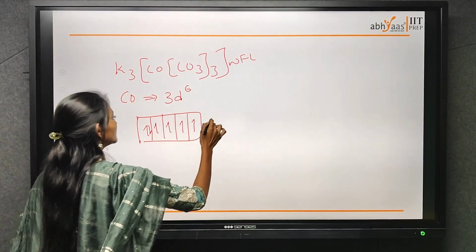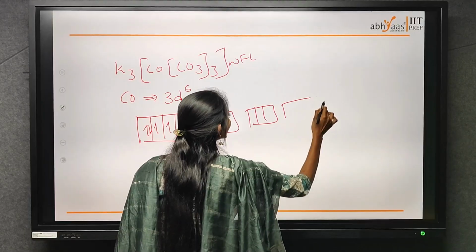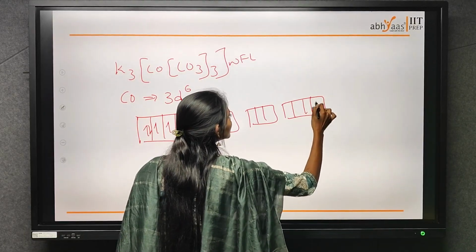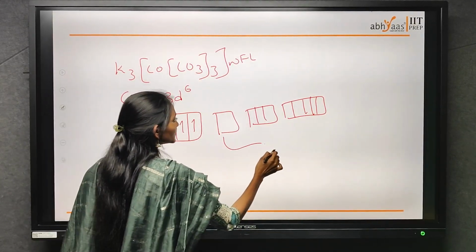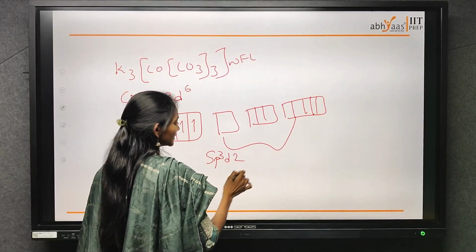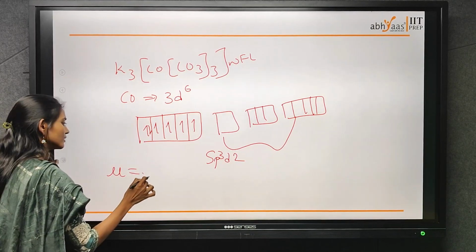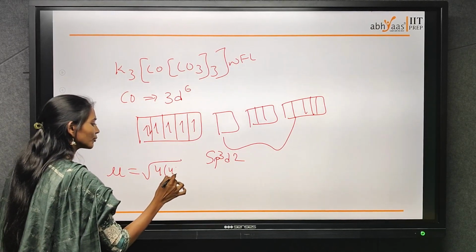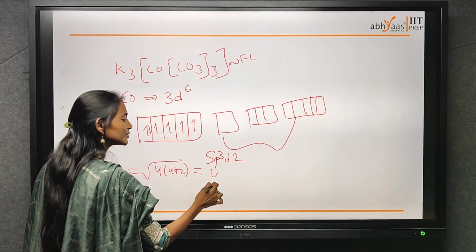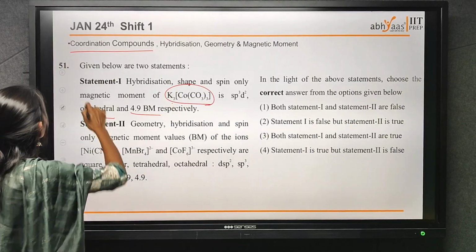So here we are having s, p and d, so we are getting sp3d2. So here you can see the Bohr magneton, that 4 we are getting. 4 into 4 plus 2, obviously we are getting some nearest value up to 4. So it is octahedral. Statement 1 is true.